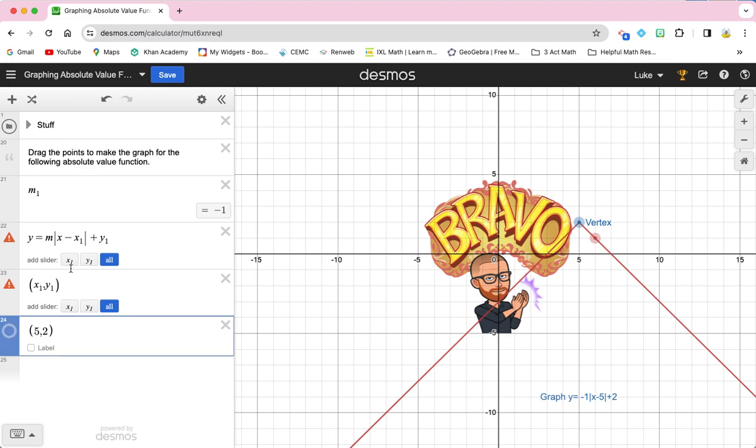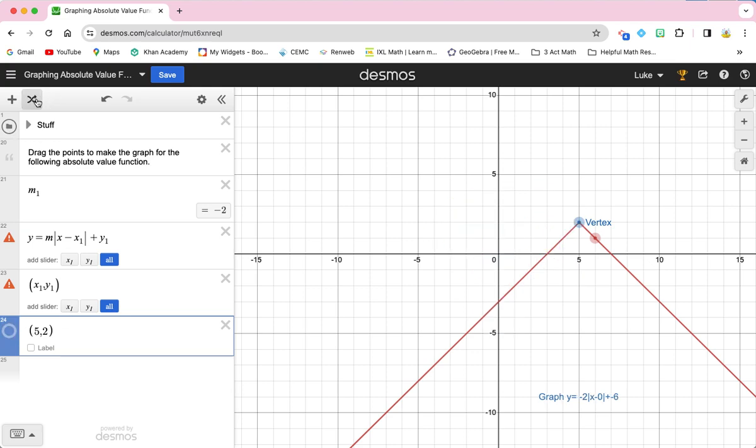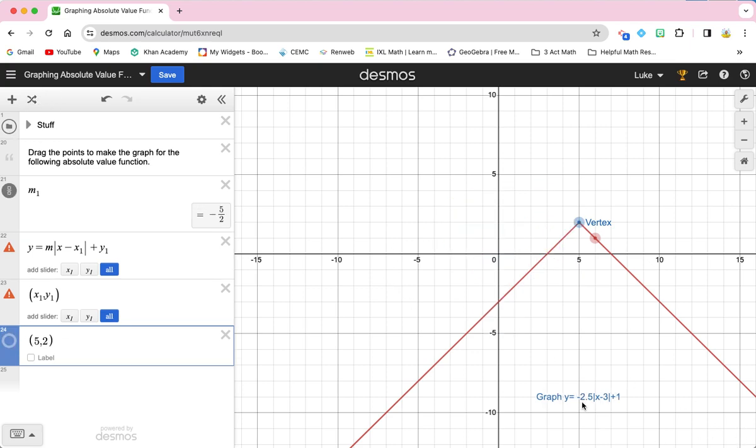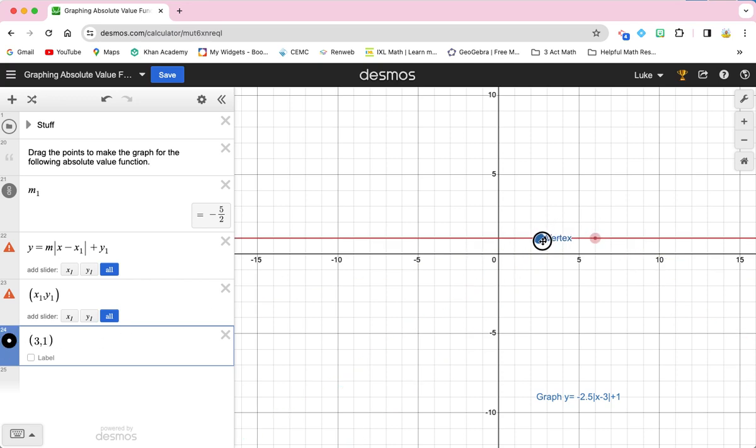Now, let me get rid of this. Let's get something else. Okay, I like this. This looks so good. Okay, so looking at this one, my point is going to be 3, 1. So that's where I have to start. So my vertex is there. And then my slope is negative 2.5.